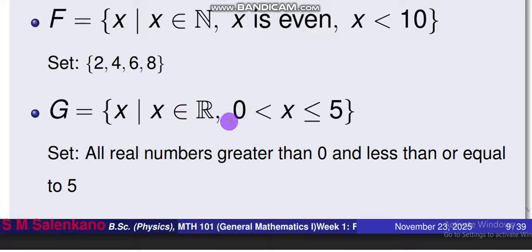Real numbers include the natural numbers, the integers, the decimal numbers, all of them. And you can see that they are infinite. Between 0 and 5, you have infinite real numbers, so we cannot mention all the elements. We can also give a name and say all real numbers greater than 0 and less than or equal to 5.